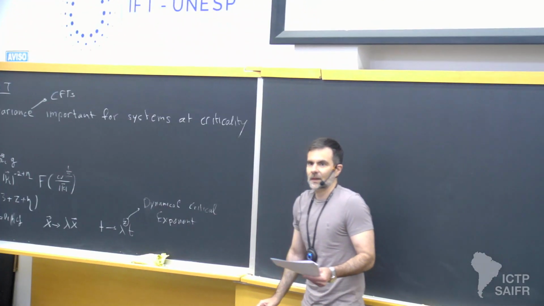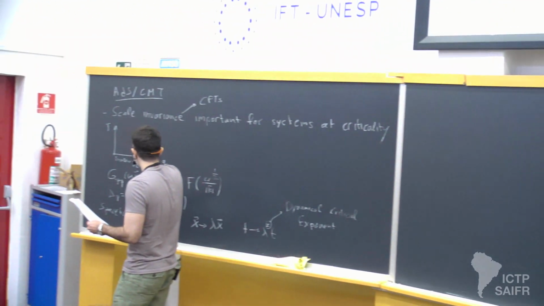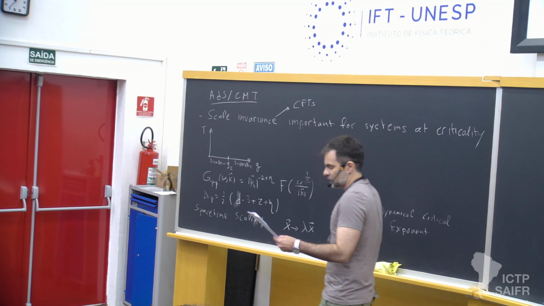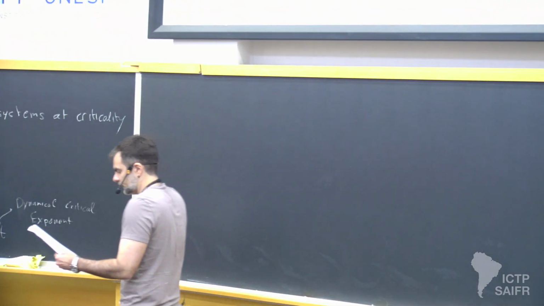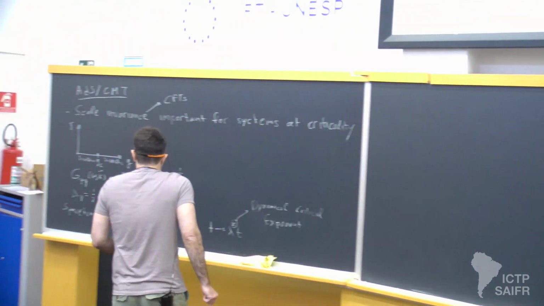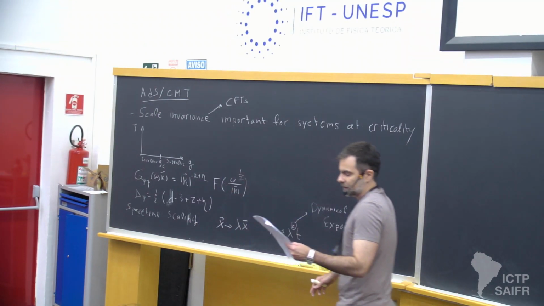Good, so exactly at criticality, correlation functions start scaling according to this formula, and you have an emergent number, which is the dynamical critical exponent.